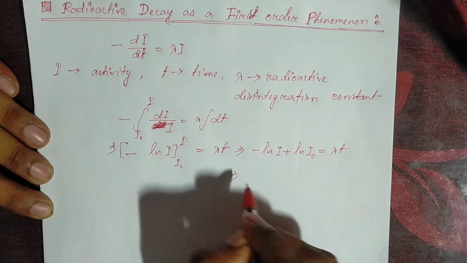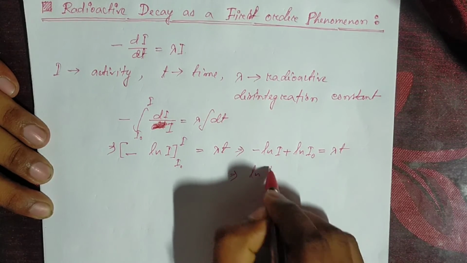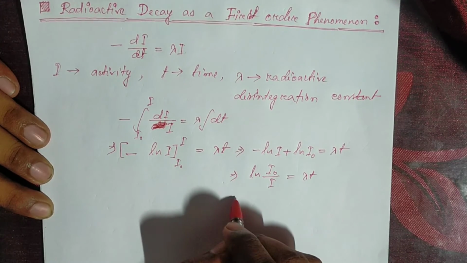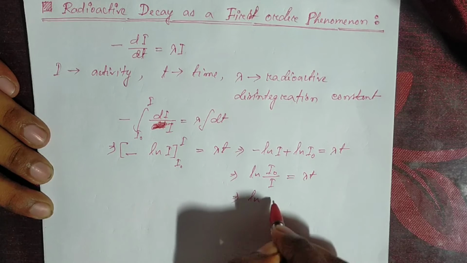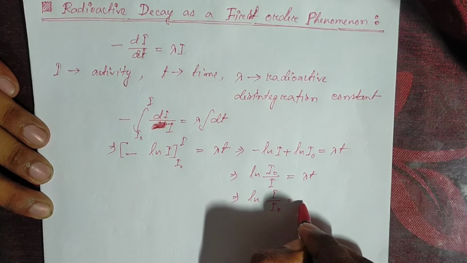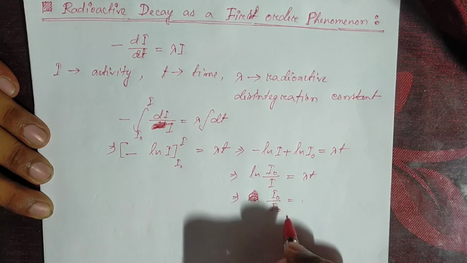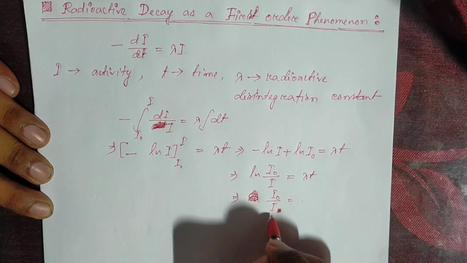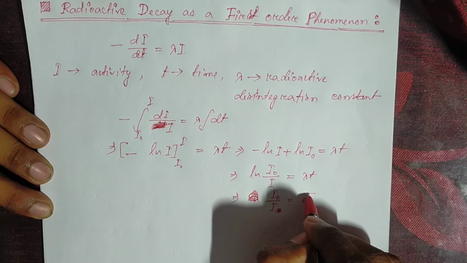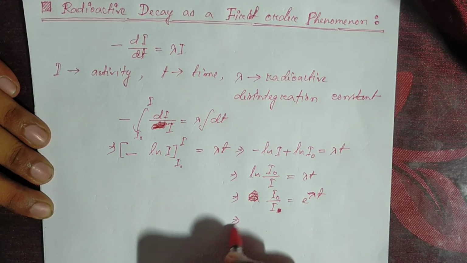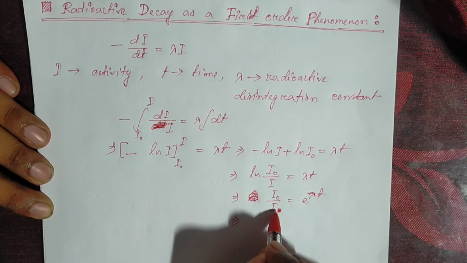Okay, so we can write ln I naught by I is equal to lambda t, or I naught by I is equal to e to the power lambda t. So when we invert this, I will be here and I naught will be here.